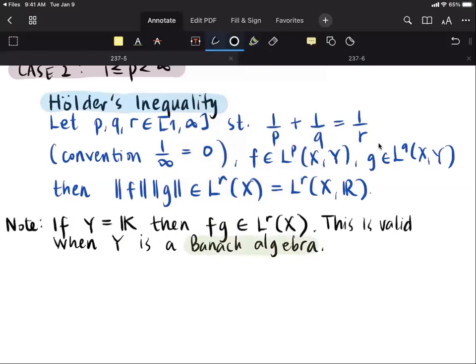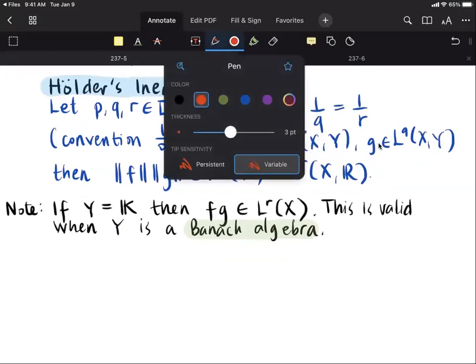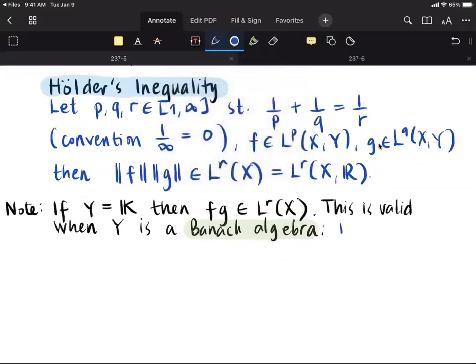So let us write that down for completeness. So that is, there is to exist an operator that takes a pair and then it will output the product.